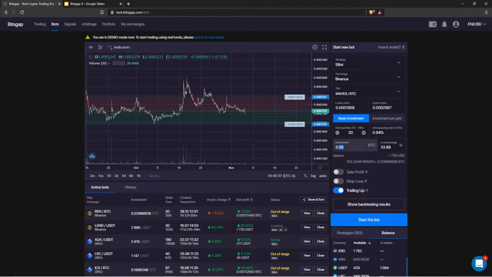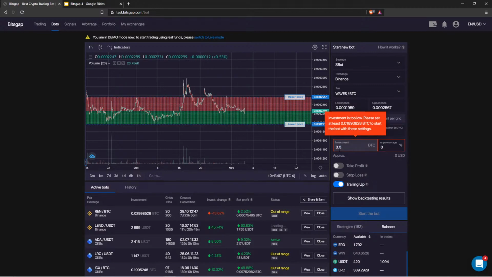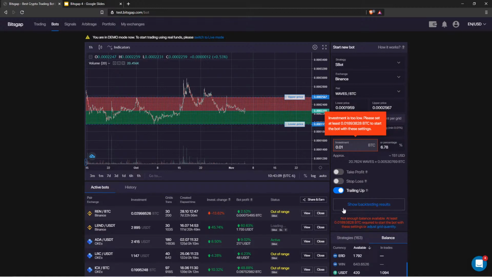It can be that, let's say if I plot 130 grid levels with only 0.01, you will find that the system will notify you that that's not enough to initiate this trade, because basically this investment is not enough to initiate all of these 130 limit orders.